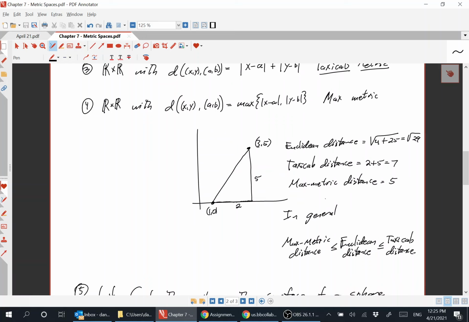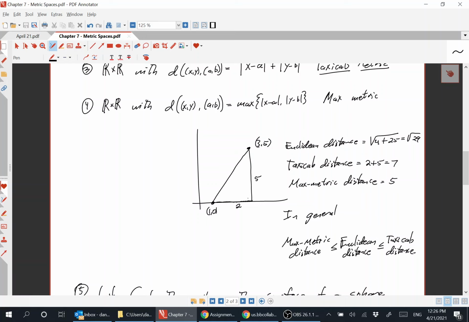So, for example, in the xy plane, here's the point (1, 0), and here's the point (3, 5). The Euclidean distance between those points is the length of this segment, which is square root 29. The taxicab distance is this right here, 2 plus 5. And the max metric distance is just 5.